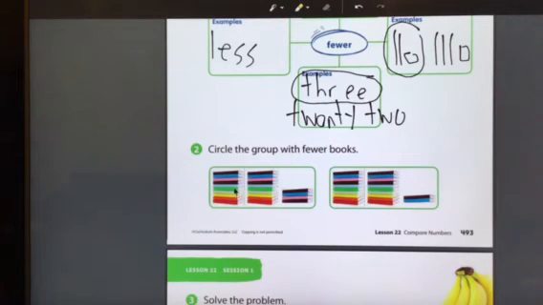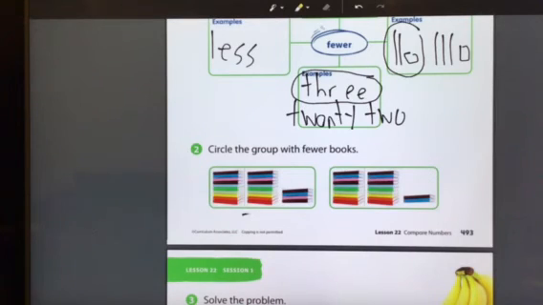So I'm going to count these first to make sure this is a group of 10. 1, 2, 3, 4, 5, 6, 7, 8, 9, 10. Yes, that is a group of 10. So now when I go to count this, 10, 20, 21, 22, 23, 24.